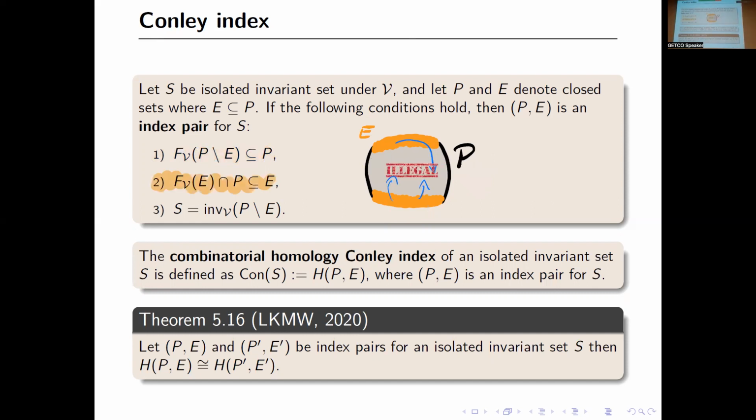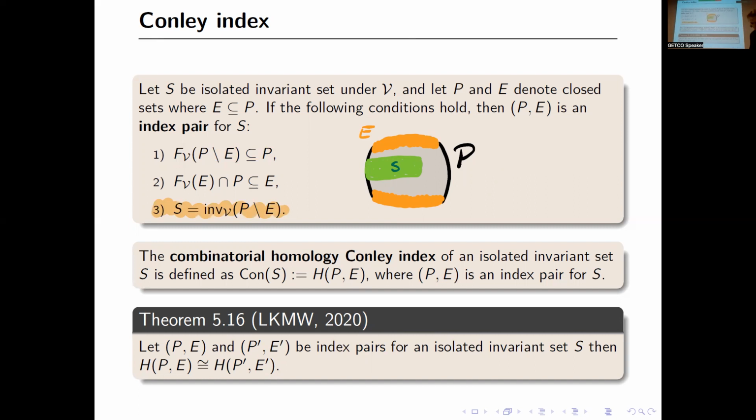The second condition says that we cannot retreat, meaning that if we are already in the set E, we cannot go back to the main part of P. And the third condition says that our isolated invariant set for which we build this index pair is the invariant part of the difference of these two sets.